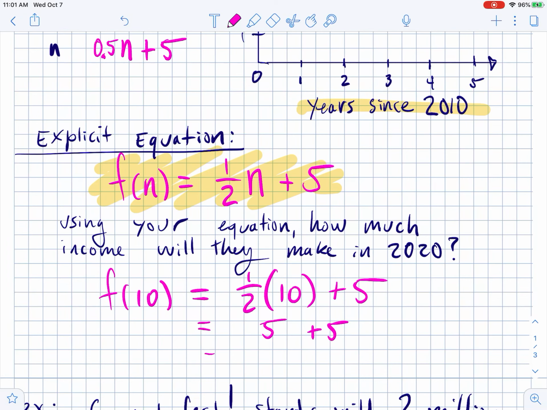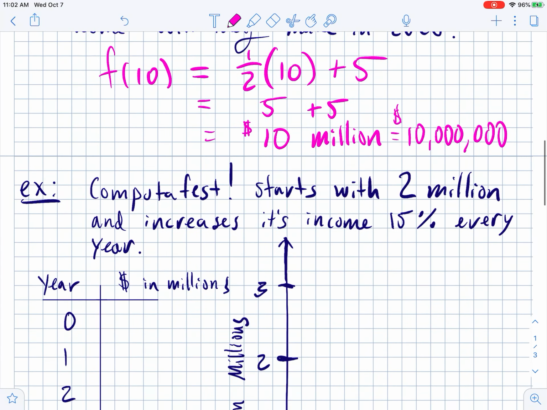Half of 10 is 5, so you get 5 plus 5, which equals $10 million. That's how much money they're making in 2020. Must be nice.